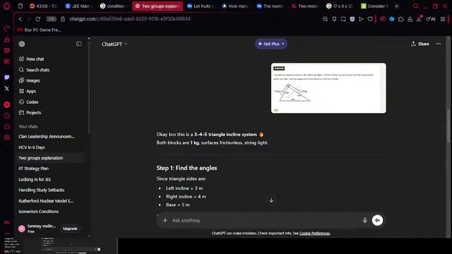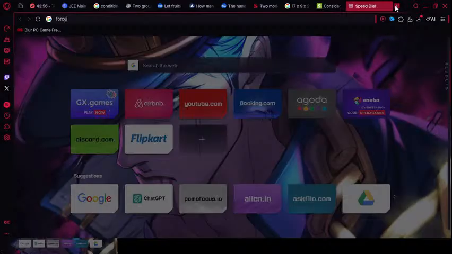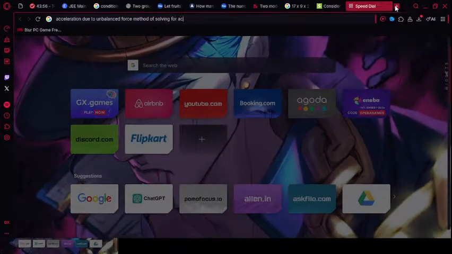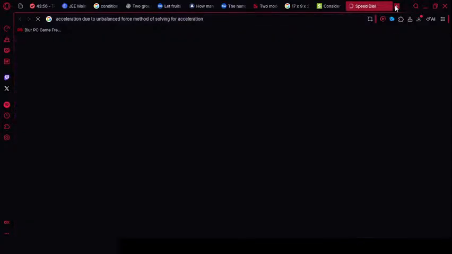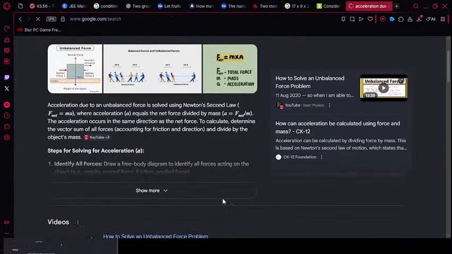I used to use it while solving forces, I mean acceleration due to unbalanced force. In pulley based questions, you have to consider the unbalanced force. That was a simple way.